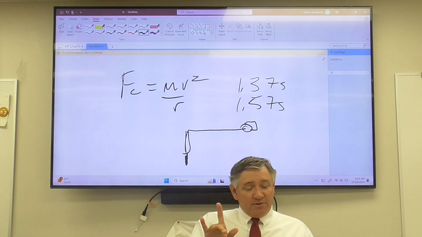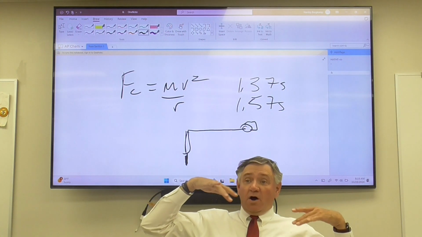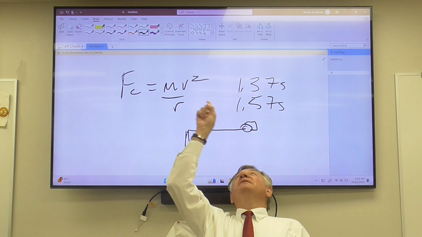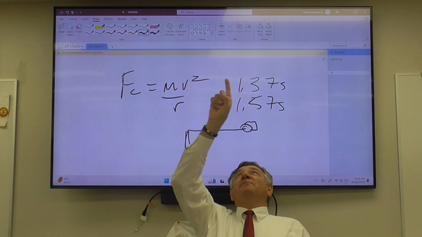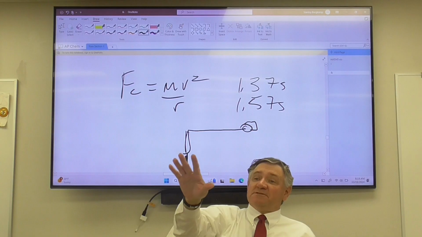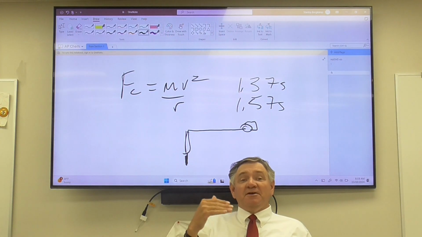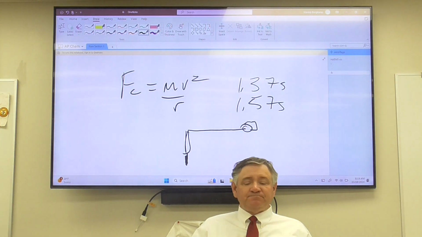Some people will go hardcore. Actually, I've seen kids do this. They will lie on the floor and look up, and they will count that rubber stopper as it goes around like this. I'm not saying you have to do that, but if you want to be hardcore, and say, hey, I want to get good data, that's one of the things you can do.